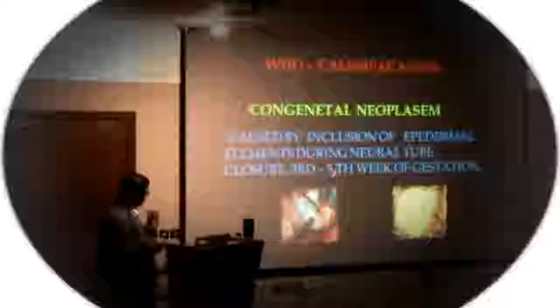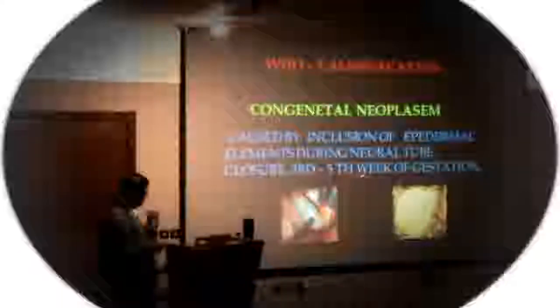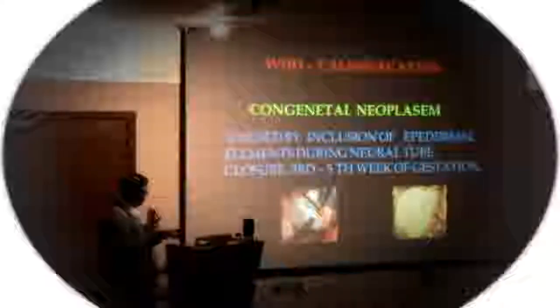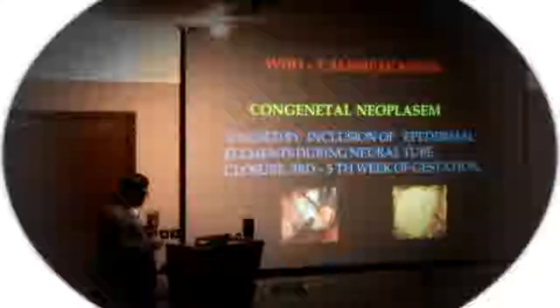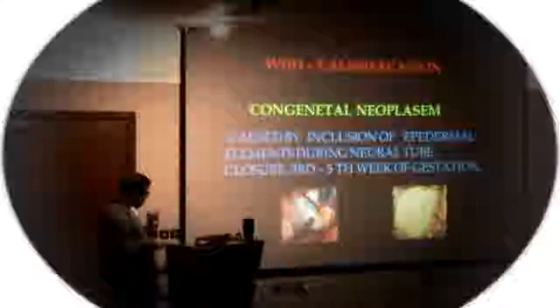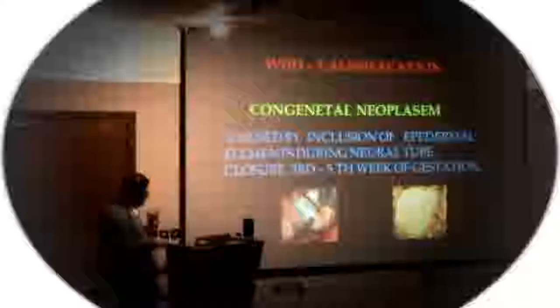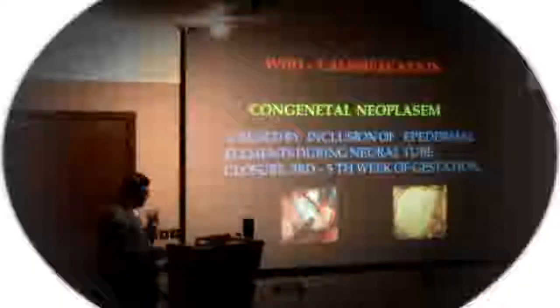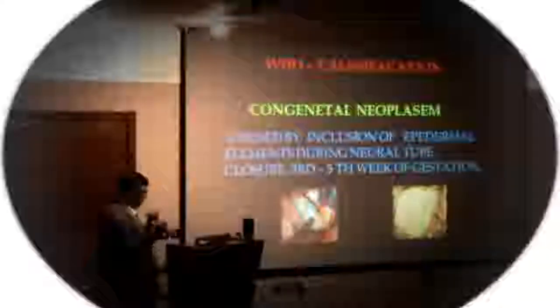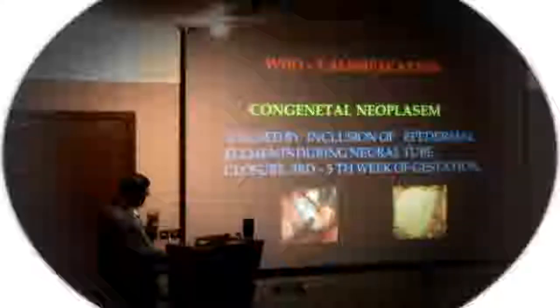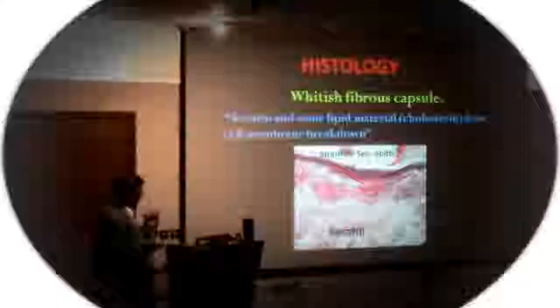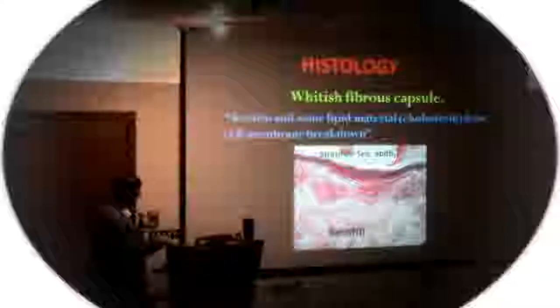As we are developing, in the third to fifth week of gestation, in the neural tube, some inclusion would occur, and the epidermis would be included inside and cause the epidermoid, different from dermoid, whereby dermoid tissues are present. It's made of stratified squamous epithelium, which secretes this. This is keratin, coming out like an onion, desquamation.